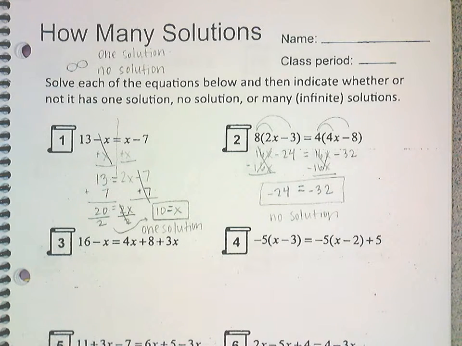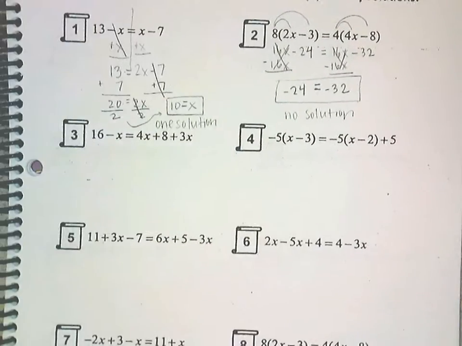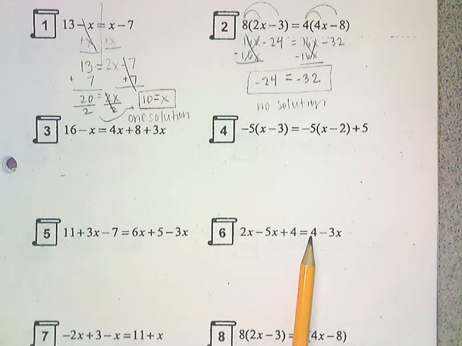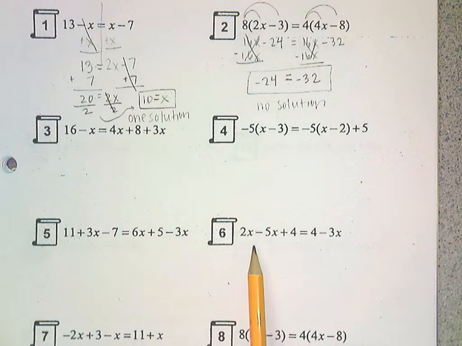So now we'll do number 6. 2x minus 5x plus 4 equals 4 minus 3x. Are there any parentheses in this problem? No, so that means we don't have to distribute, but the next thing that we do after distributing would be combine like terms. Let's check both sides.